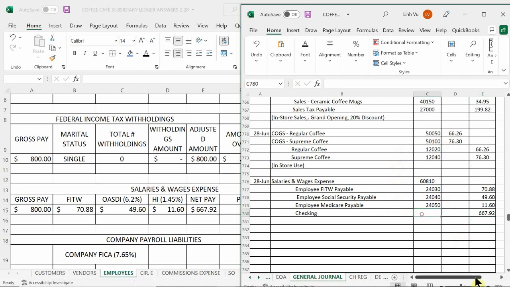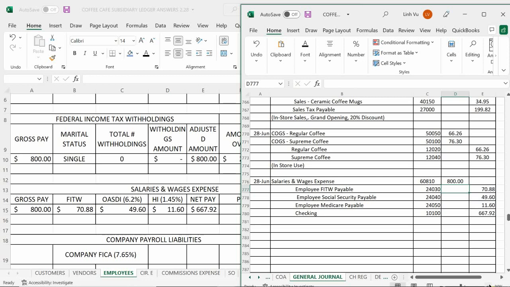So, overall, how much in grand total are all of these going to equal to? It should equal all to her gross pay, because at the end of the day, her gross pay was $800.